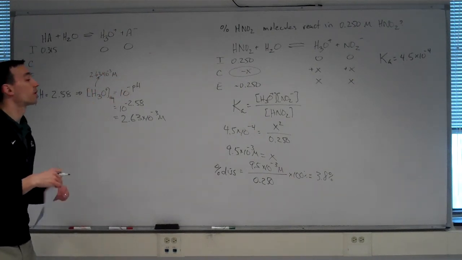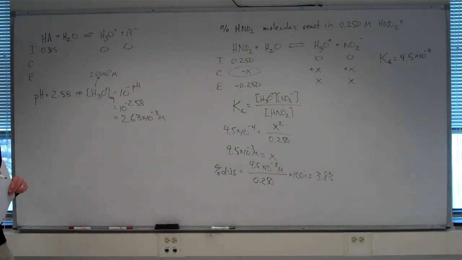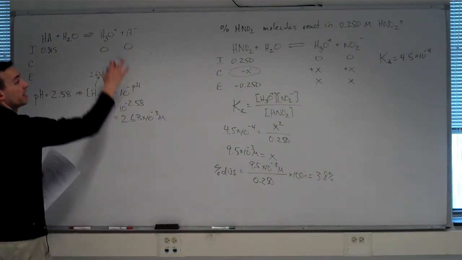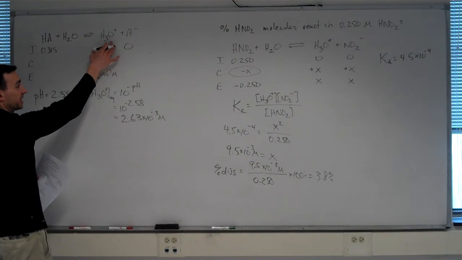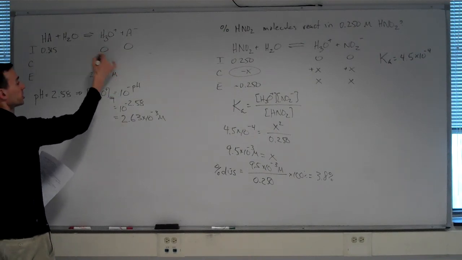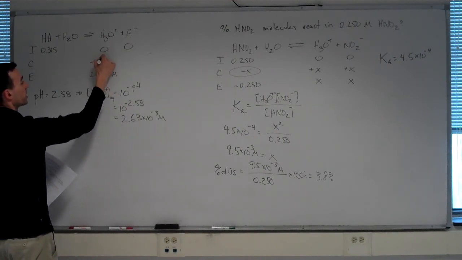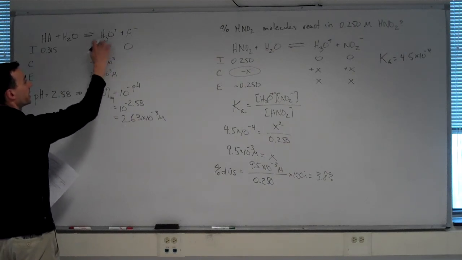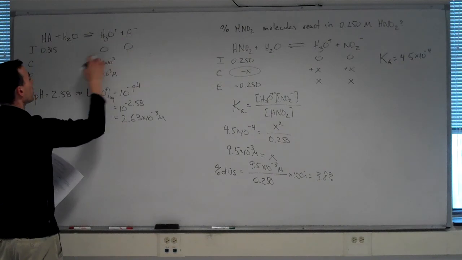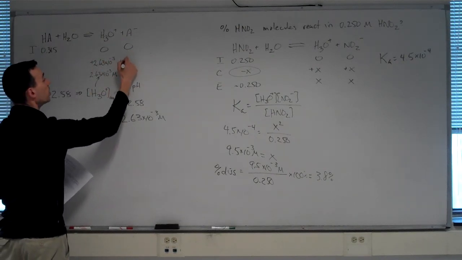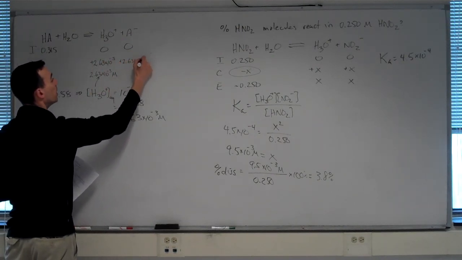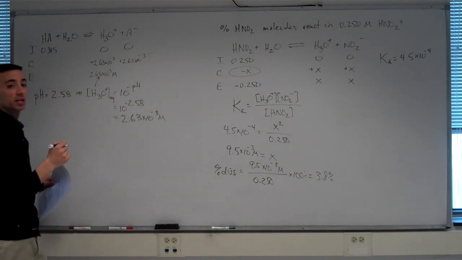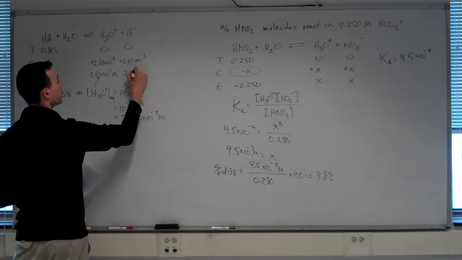Now this goes back to one of our first equilibrium problems that we did in chapter 14. If H3O starts at 0 and ends at this 2.63 times 10 to the minus 3, then it must have increased by that amount. And because these have to increase by equal amounts in our change row, we now also know how much our conjugate base has increased by.